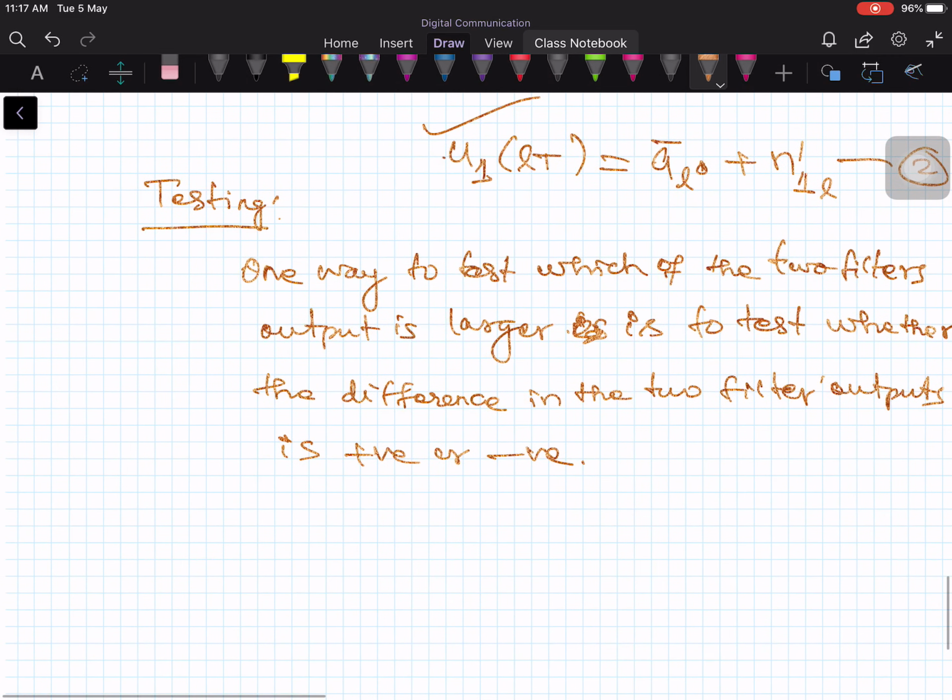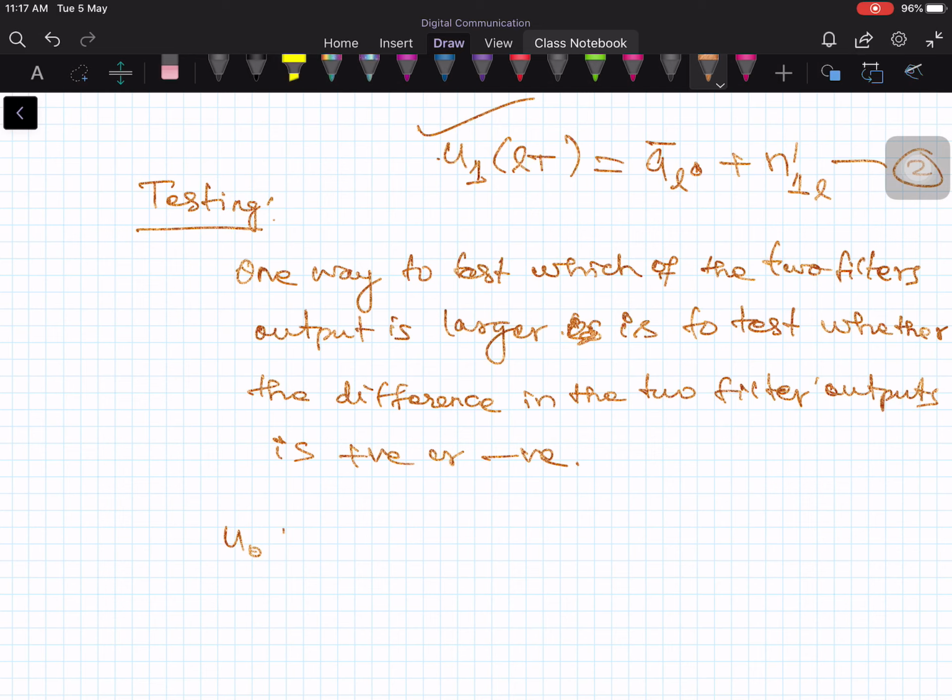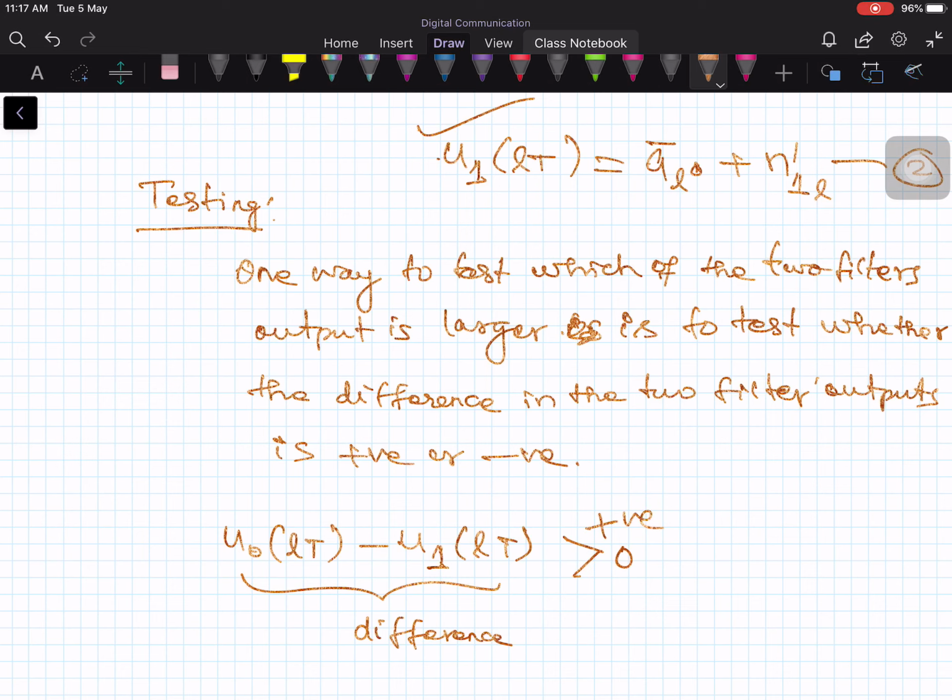Mathematically, you take u0 of LT minus u1 of LT, subtracting the two. This is the difference. If the difference is positive, then decide on bit 1. If the difference is negative, less than 0, then decide bit 0.